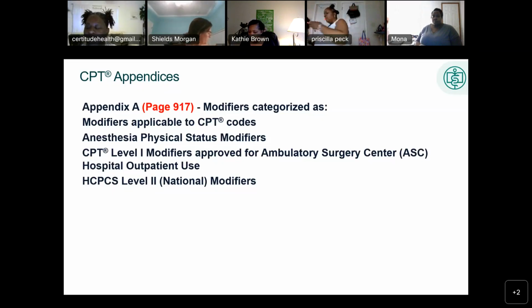So what are modifiers? Because y'all have heard me say modifiers. Let me back up. This book is loaded with appendices, which is the plural of appendix. In the appendix are things that are helpful for your coding, but also necessary for you to know how to apply.